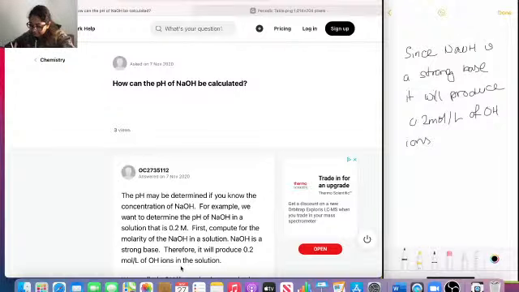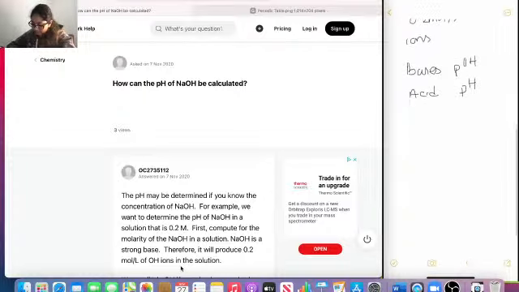So when we're dealing with bases, right? In cases of bases, the pH is actually called pOH, and if it's an acid, we're just dealing with pH. But I'll show you how you get pH from pOH.